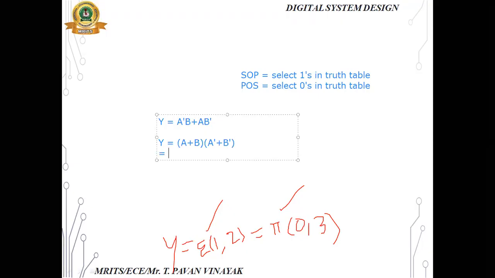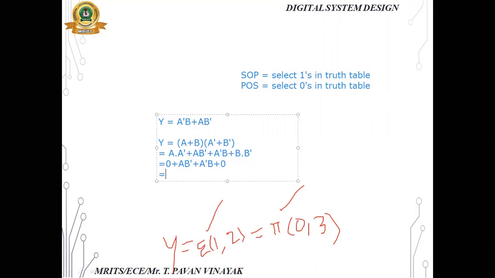So multiply: A into A bar plus A into B bar, next A bar B plus B bar B. A into A bar is 0. 0 plus A B bar plus A bar B plus 0.